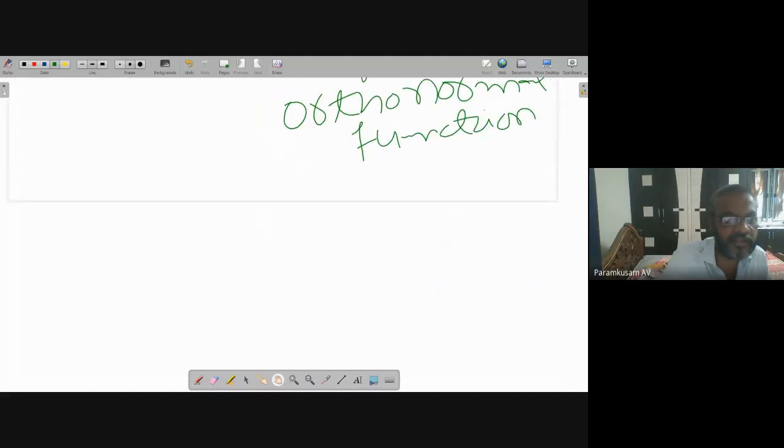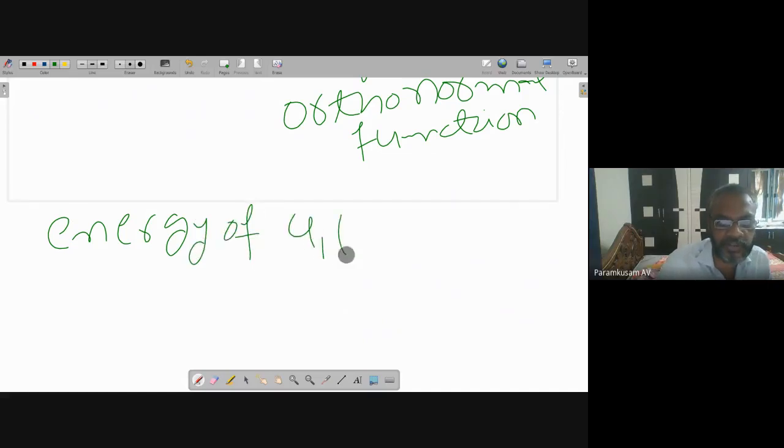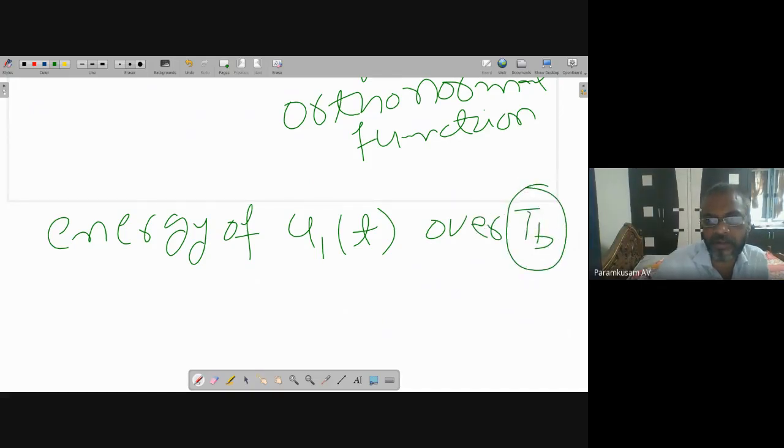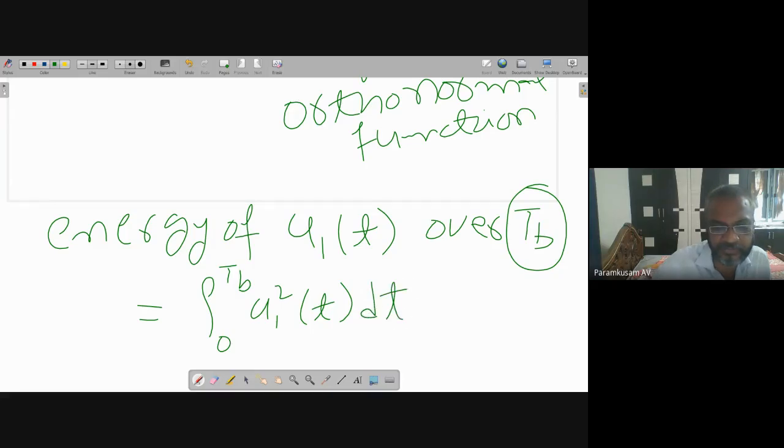You just find the energy of u1 of t over the time interval Tb, where Tb indicates the bit duration. Then this is equal to integration 0 to Tb. The energy of u1 of t is equal to u1 square of t dt.